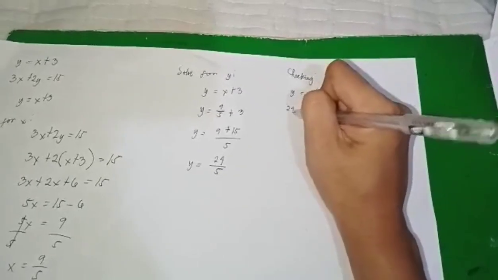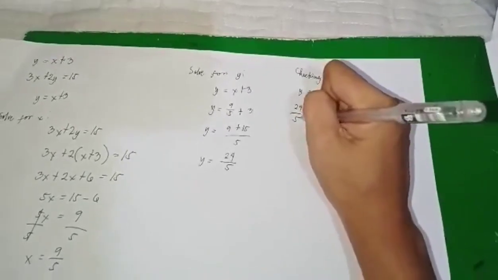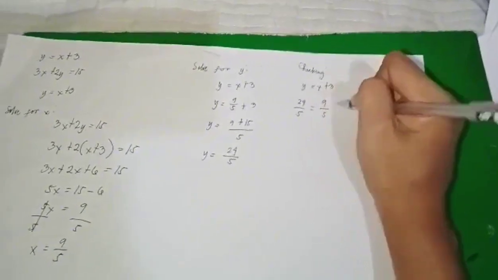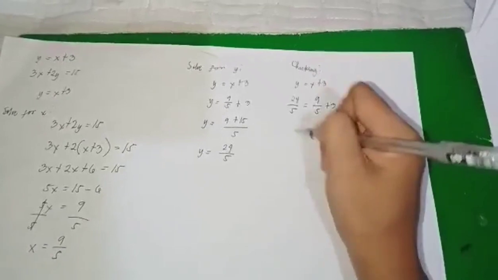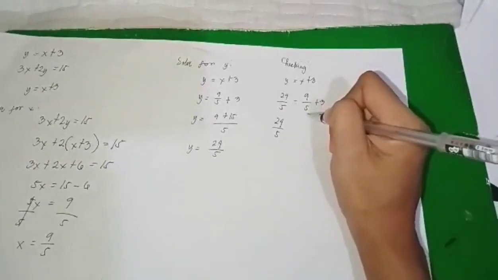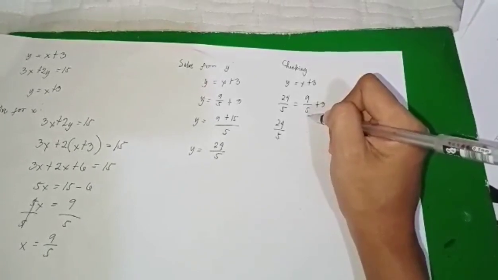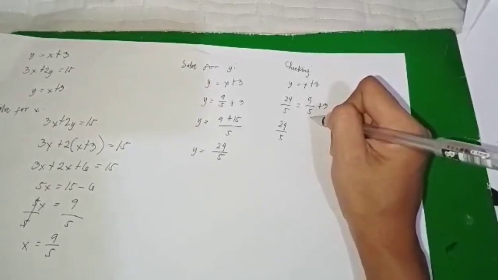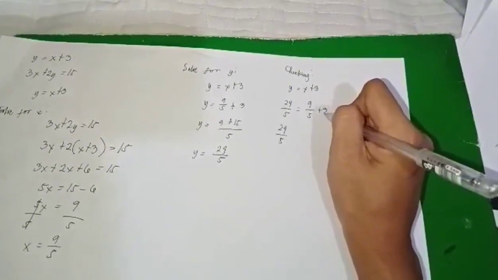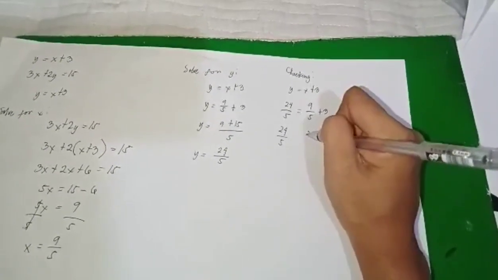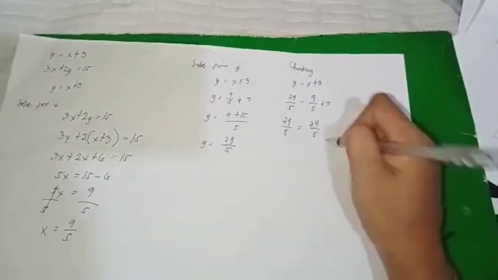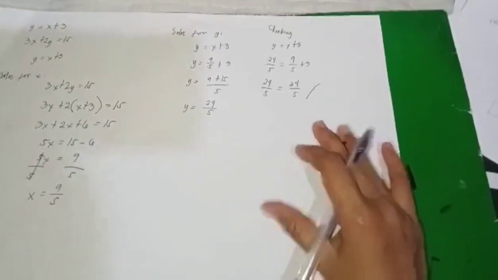Then 24 over 5 is equal to 9 over 5 plus 3, then 24 over 5, 5 times 3, 15 plus 9, 24 over 5. So, it is correct.